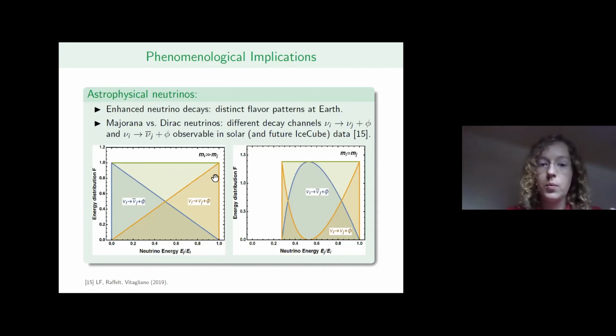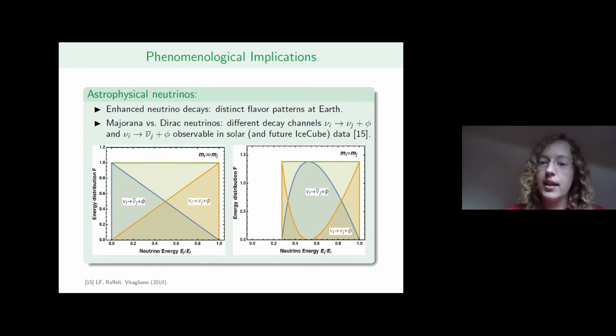So in total, for the Majorana case, we have this box, while for the Dirac case, we just have this triangle. And this is for a very large mass hierarchy. Here we have almost degenerate neutrino masses, which are also still allowed in our model. So here the energy distribution looks a little bit different. So now the question is, can we observe this in data?